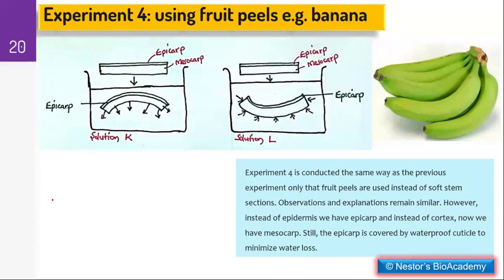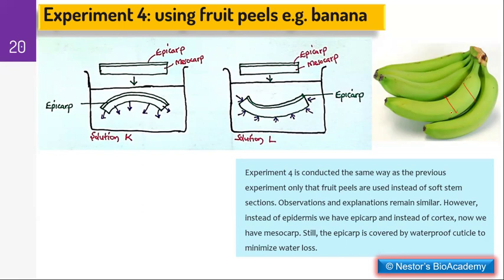Another possible experiment, now over to experiment 4, a possible way in which this osmosis can also be investigated is by use of fruit peels. Here the examiner can give you a raw banana, and then using a scalpel, you are supposed to cut out portions of the peel.